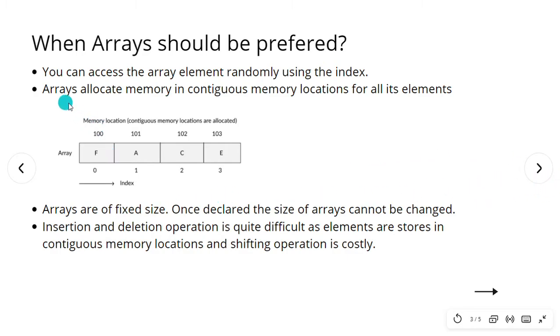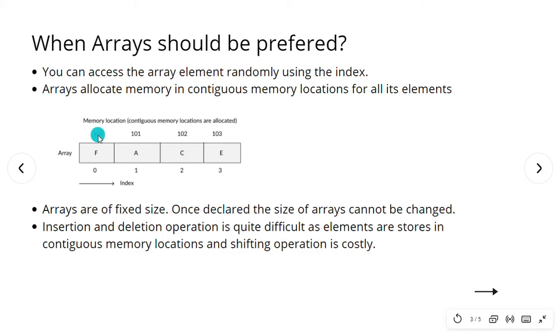Arrays allocate memory in a contiguous memory location for all their elements. What is a contiguous memory location? It means continuous. For example, I have taken a bogus memory address, 100, for the 0th element.